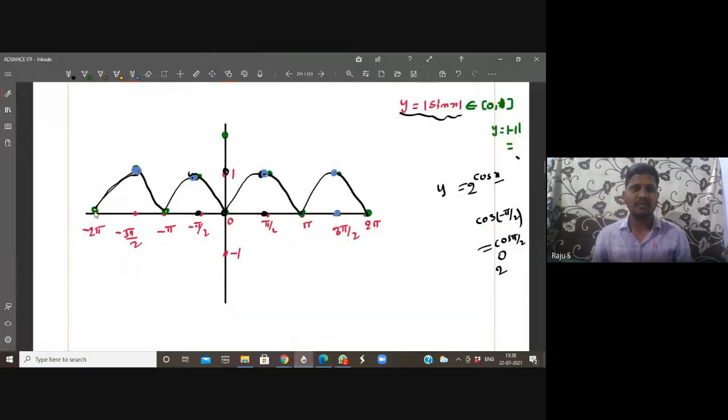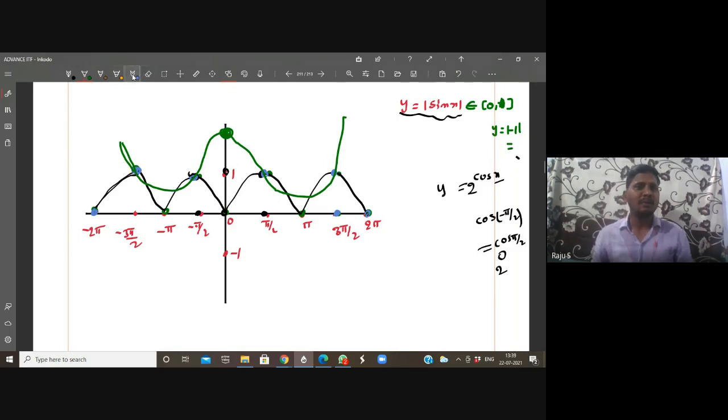So we have taken the graph from minus 360 to plus 360. When I join all the points, we are going to get a graph like this. It is not a line, it is a curve, a smooth curve. We are going to get the graph like this.